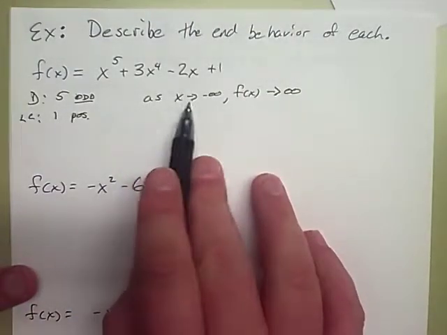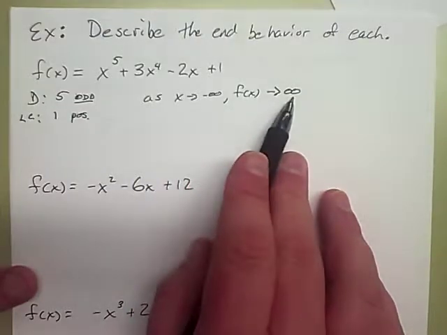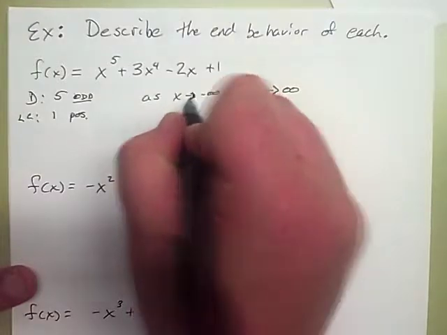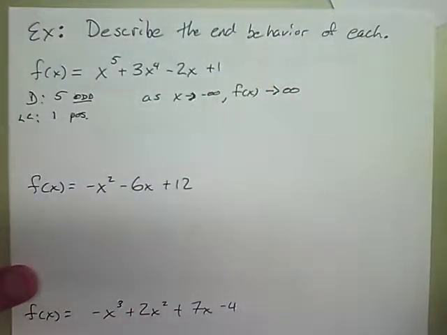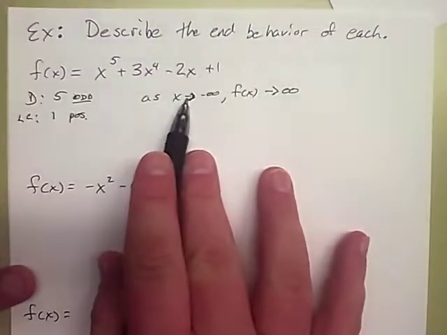So as x approaches negative infinity, f of x approaches positive infinity. Notice these little arrows here, the word I'm using for the arrows is approach. The reason why we have to say approach is that no number will ever equal infinity. You can't equal infinity because if you equal infinity, there's a number bigger than infinity, which is still infinity. It's crazy to think. So that's why we have to say approach, right?